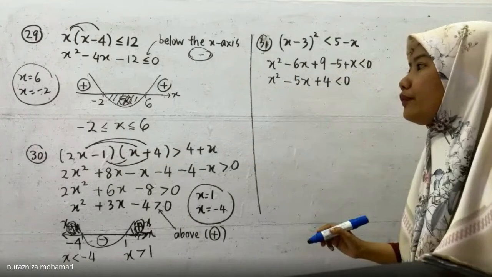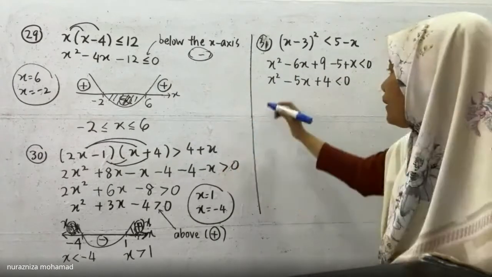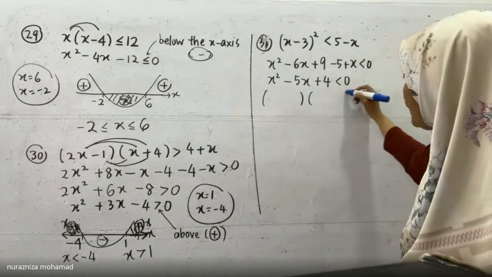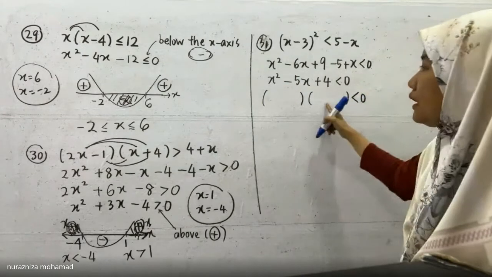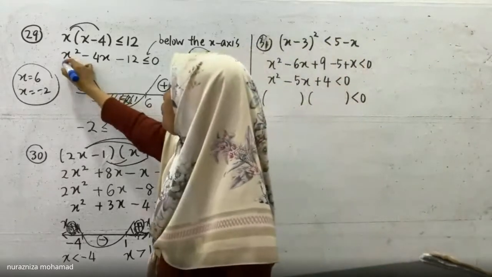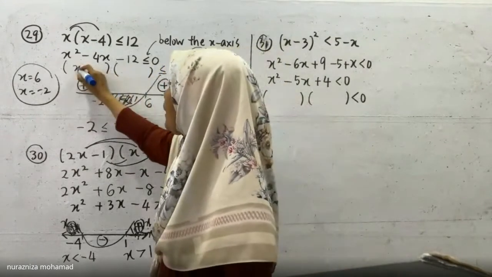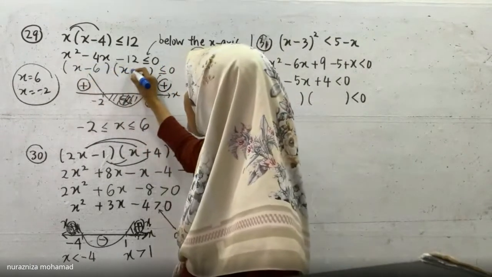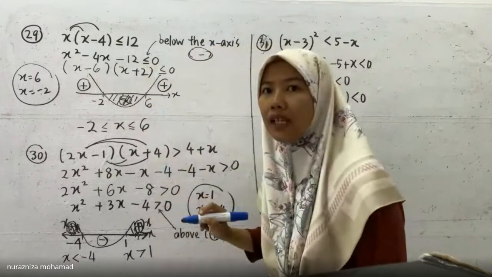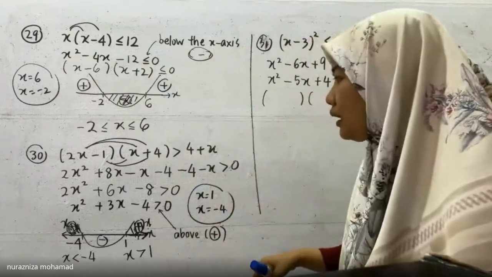Oh, okay, sorry. I forgot one step. You need to show the factorization. Okay, for this part, before you sketch the graph, it should be here x minus 6, x plus 2. Okay, we need to write down the factorization step.